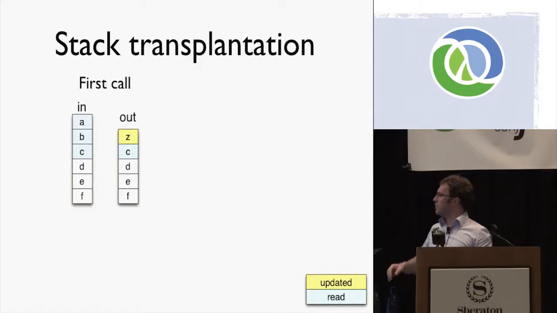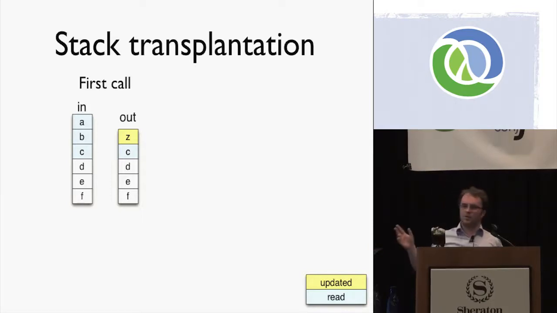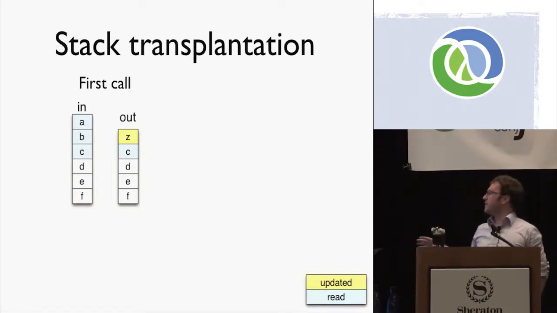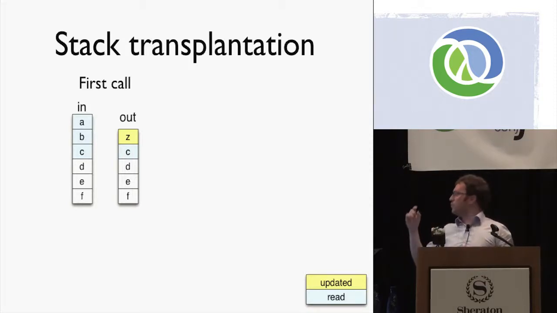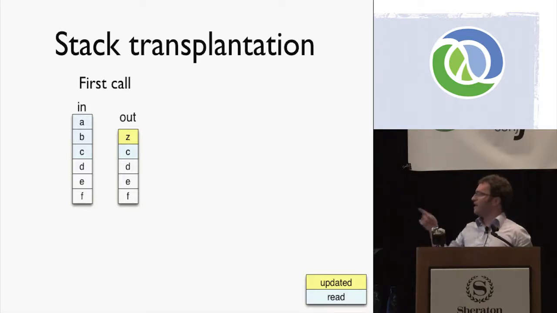On the first call, if we have a stack of 6 items, and out of this 6-item stack, only the 3 first are looked at, and the output stack is Z, C, D, F, we can see that the modification on top of the stack, which is to pop A, B, and put Z instead, only relies on the fact that A, B, and C were there.